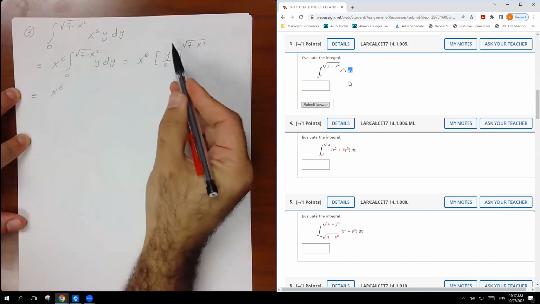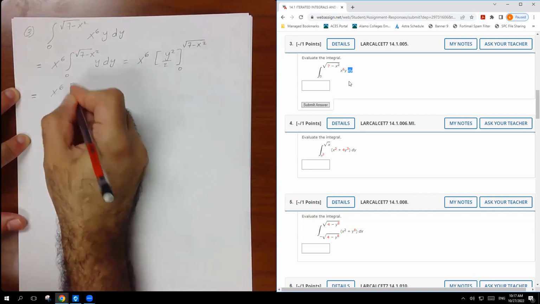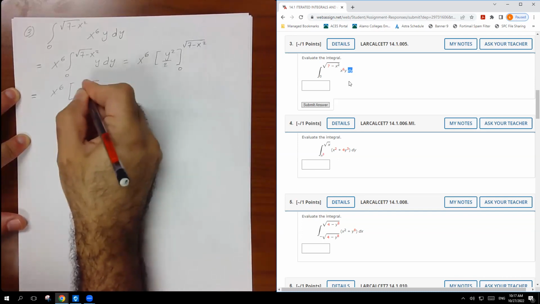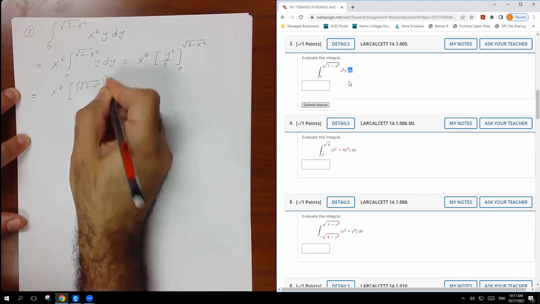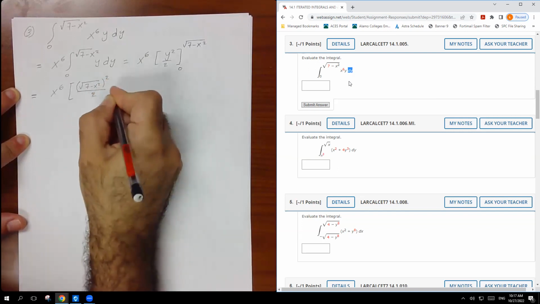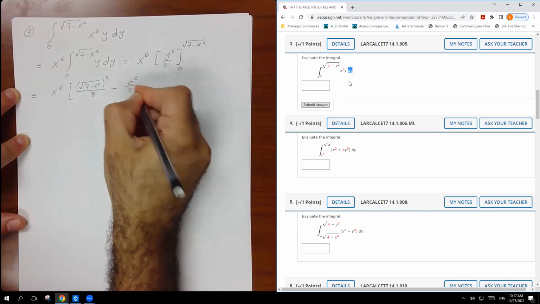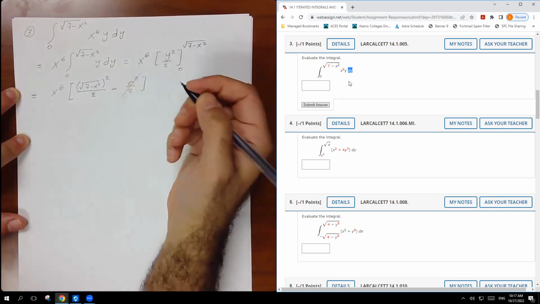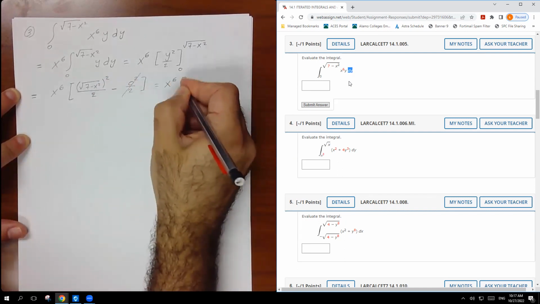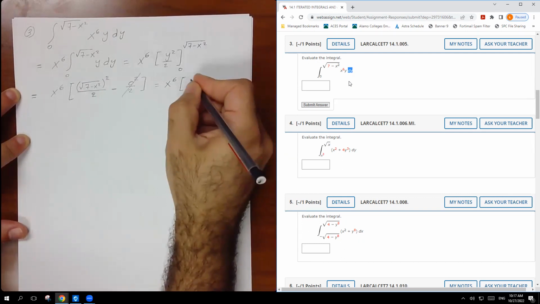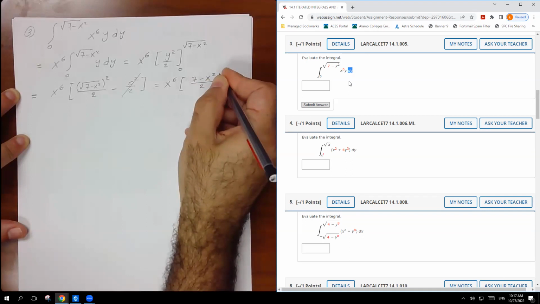Now we plug in square root of 7 minus x squared, so it's going to be the square root of 7 minus x squared, squared, divided by 2, minus 0 squared divided by 2. This is cancelled at 0. So what's left is x to the power 6 times, and this is squared, so it's 7 minus x squared divided by 2.